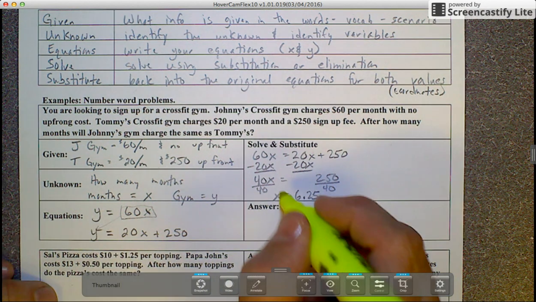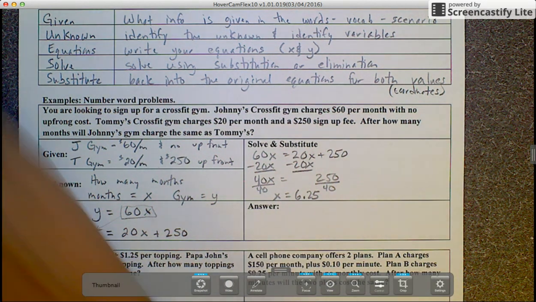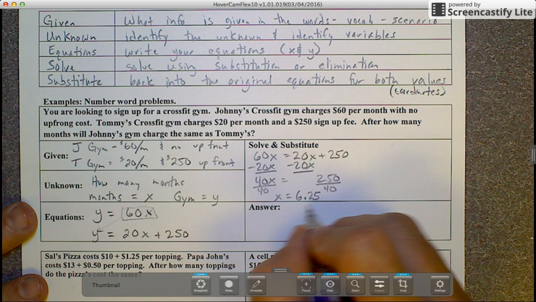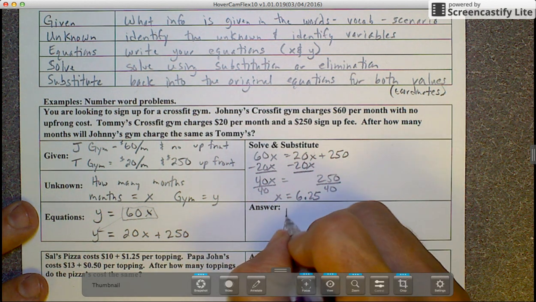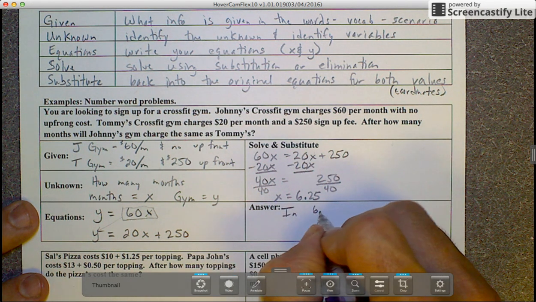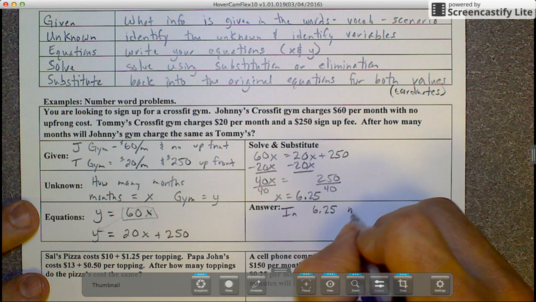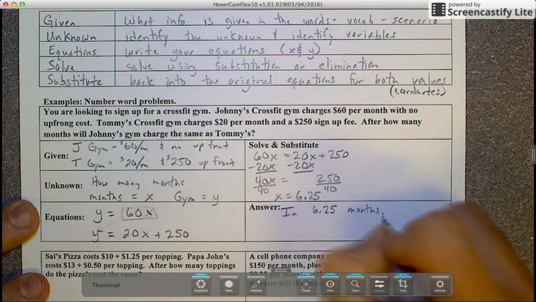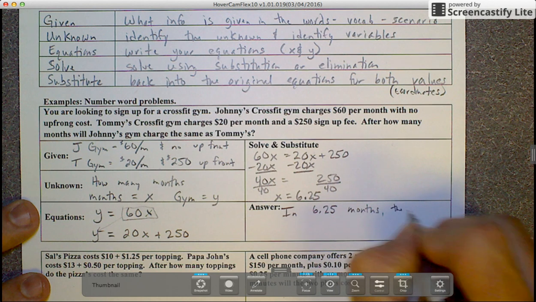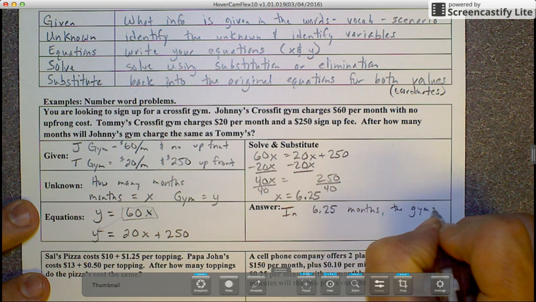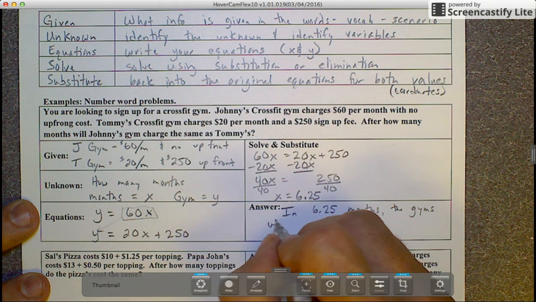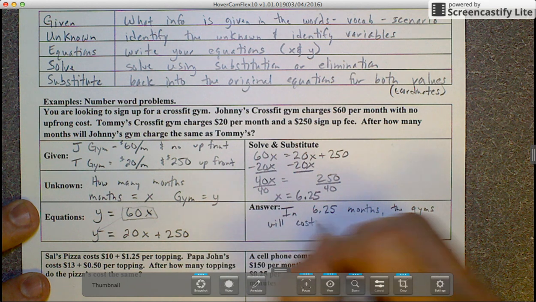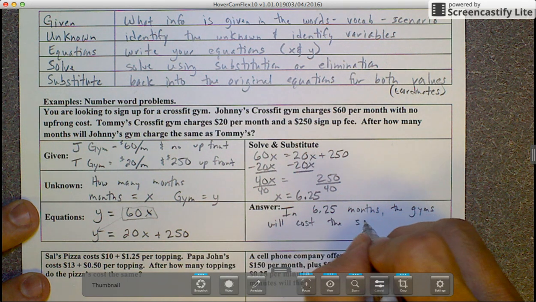X is the number of months. So what the answer says is in 6.25 months, the gyms will cost the same.